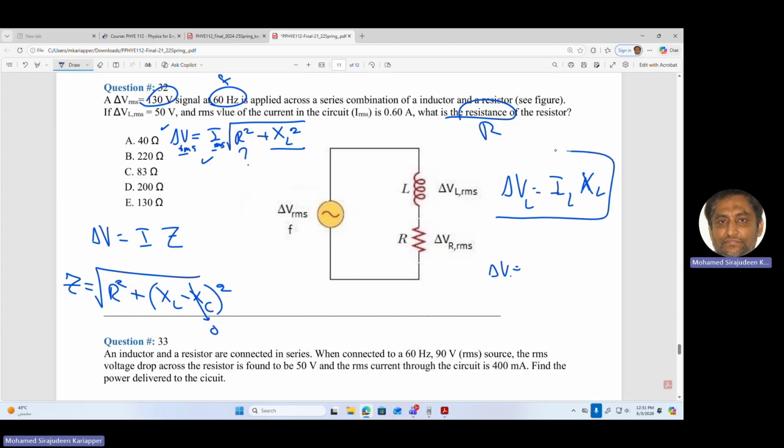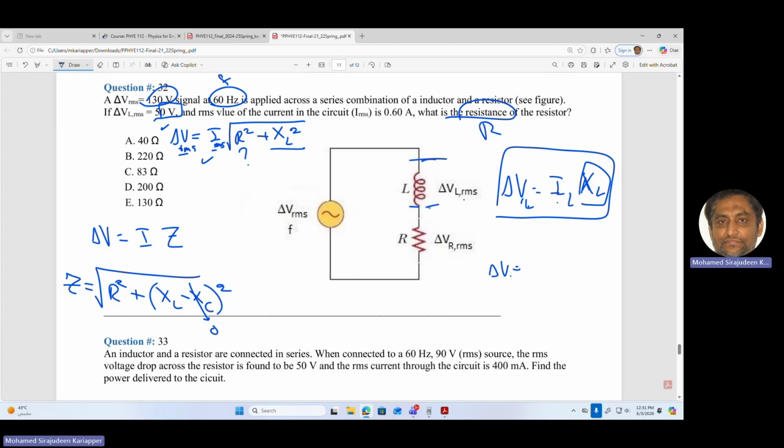Can I write this equation for this? Delta V L is equal to I multiplied by XL. See, the voltage across the inductance is given to us, 50.